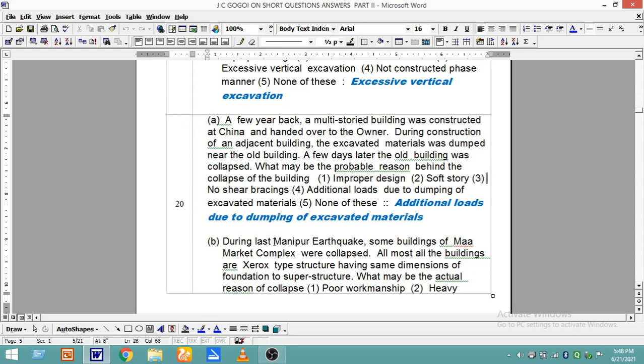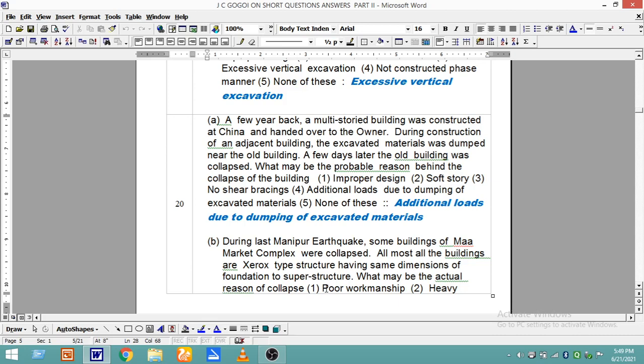During the last Manipur earthquake, some buildings of the Ima Market complex collapsed. Almost all the buildings are Xerox type structures having the same dimensions and the same foundation and superstructure. What may be the actual reason of collapse?